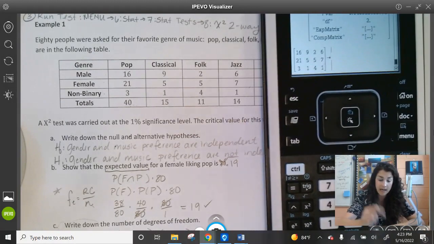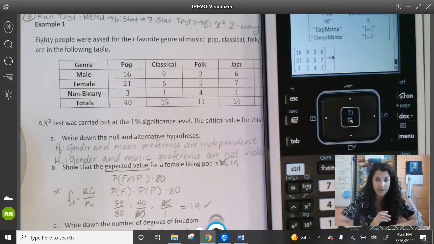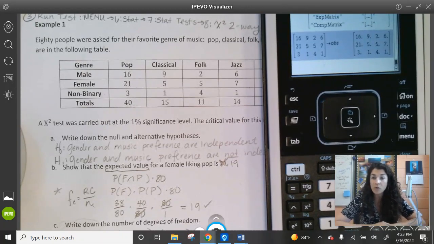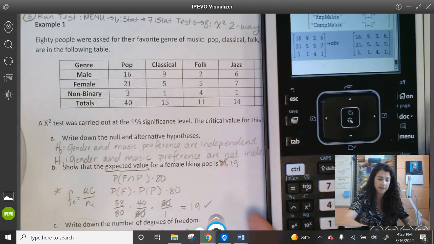And here's where I put my title. I could just call it A and then press enter, and it's like, okay, cool. I always title it OBS, short for observed, just because it helps me keep clear what's going on in my brain. When you click enter, it just shows you the same matrix. It's just saying, done, we've stored it. This is now considered the observed matrix, whatever you titled it as.